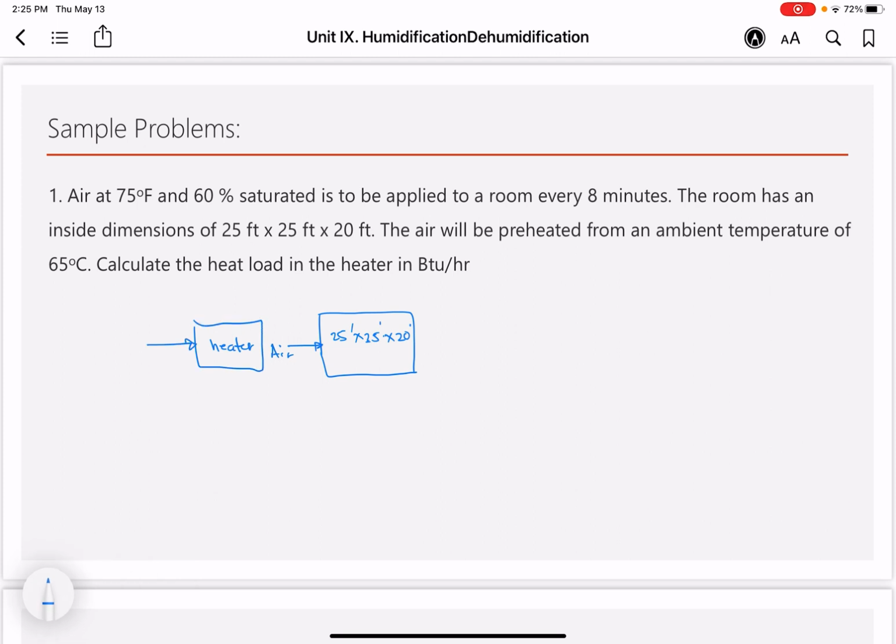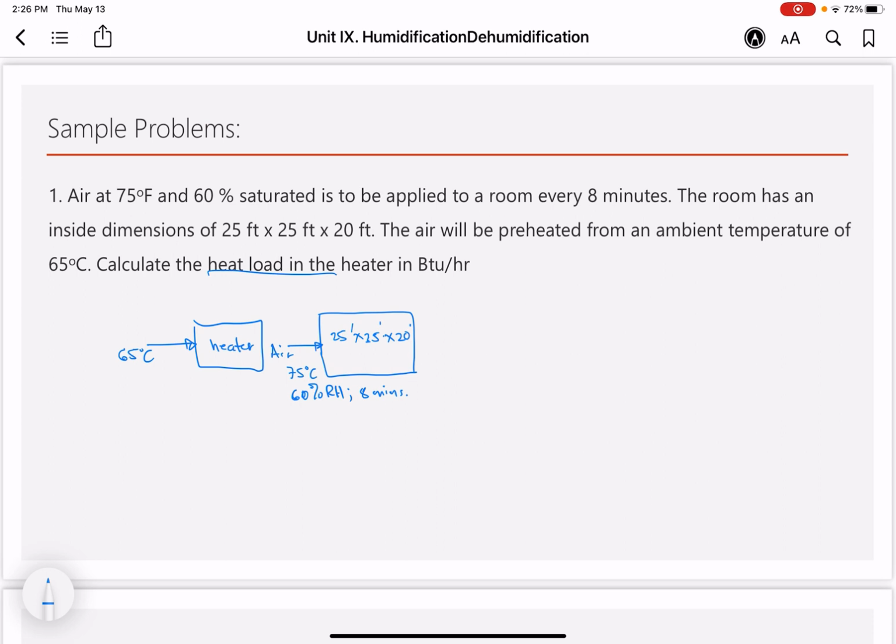And the temperature of the ambient is at 65 degrees. Since it is heated, the one that is being supplied to the room is at 75 degrees and 60% relative humidity. And this is supplied every 8 minutes. We have to get the heat load in the heater.